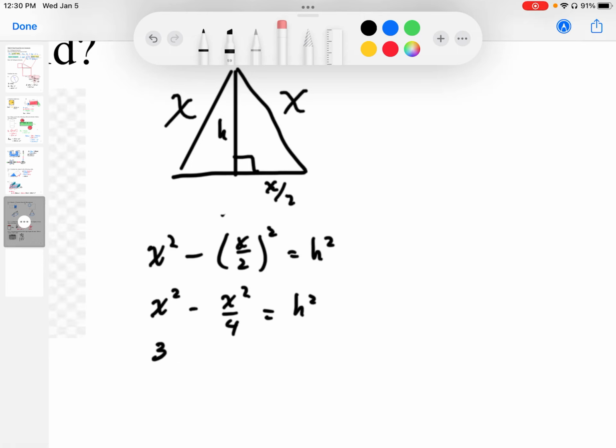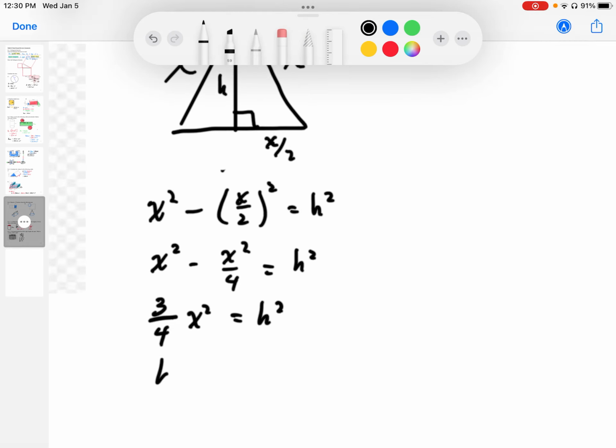If I have one square and I take away a quarter of a square, I'm going to have 3/4 of a square left. That's going to be my height squared, and I'm going to square root this to get height. So I get square root 3, square root of x squared, square root of 4 is 2. So I get root 3 over 2 x. As a decimal value, this is approximately equal to 0.866x.